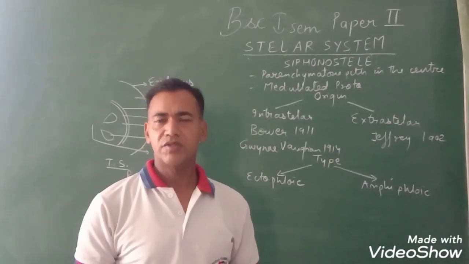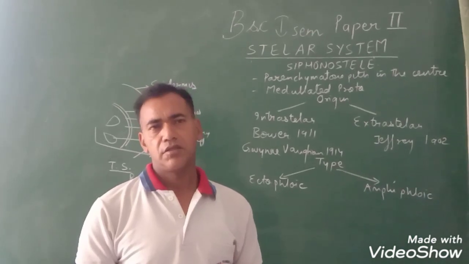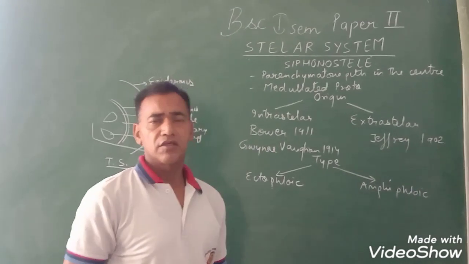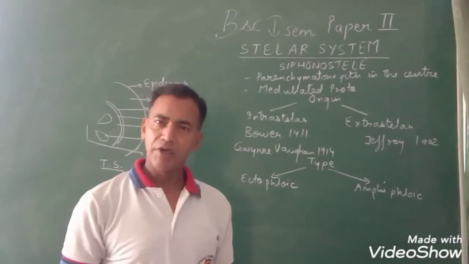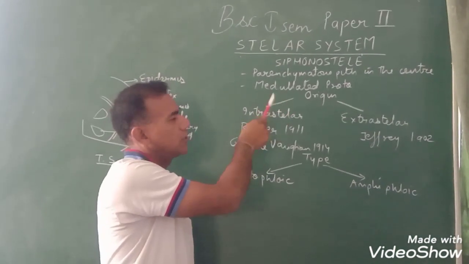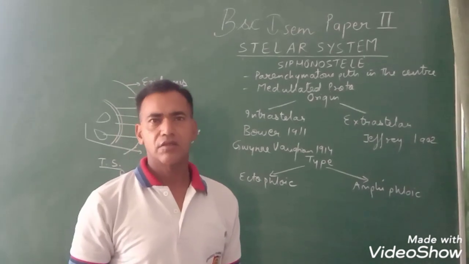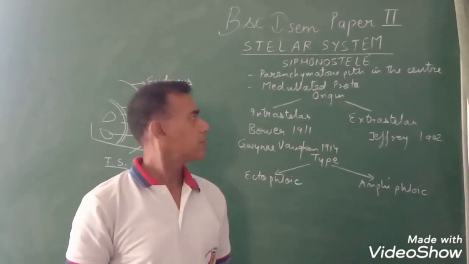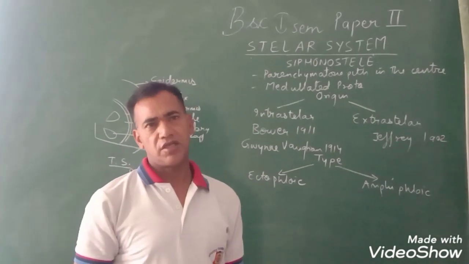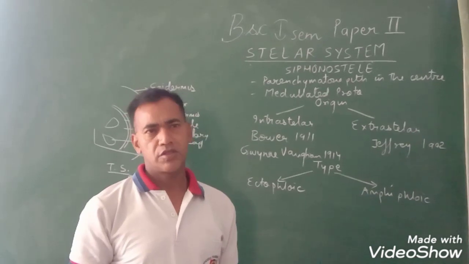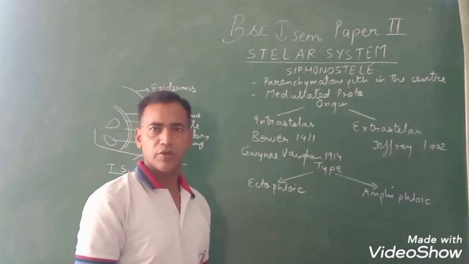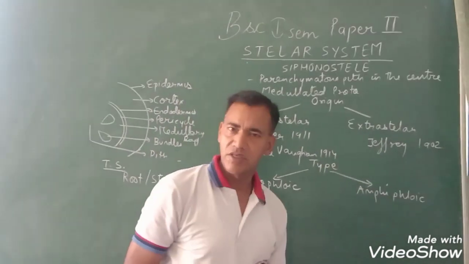Friends, in siphonostele, pith is present. The pith is parenchymatous in nature. So, we can define siphonostele as a medullated protostele, or a protostele in which a central pith is present. The origin of siphonostele has been proposed in two forms. One is the intrastelar theory and the other is the extrastelar theory.